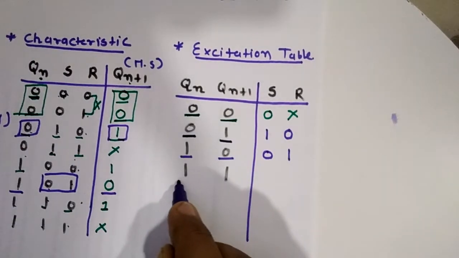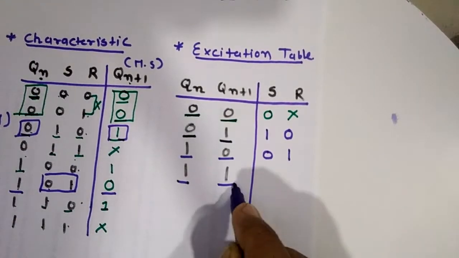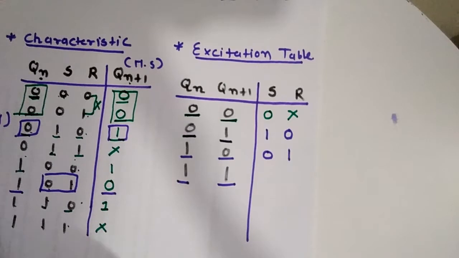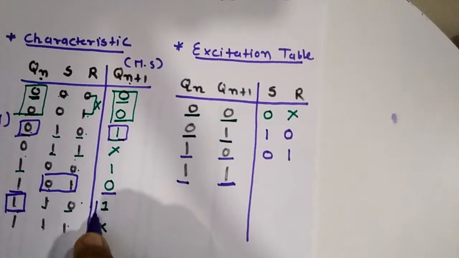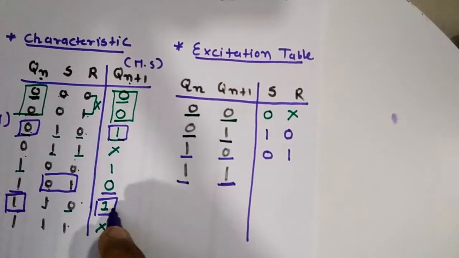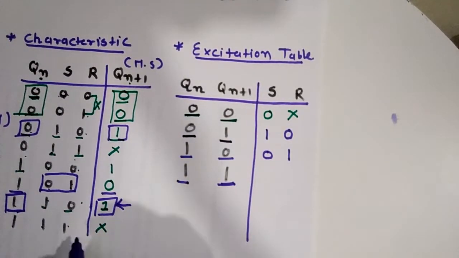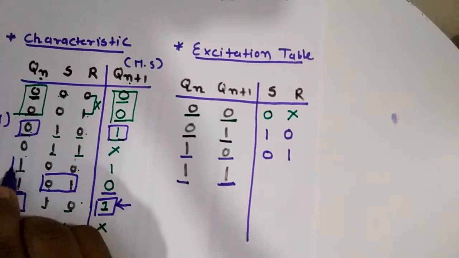Next condition, if Q of N is equal to 1 and Q of N plus 1 is equal to 1. So this condition, and another condition is this one.